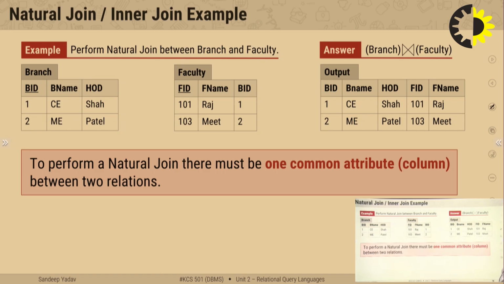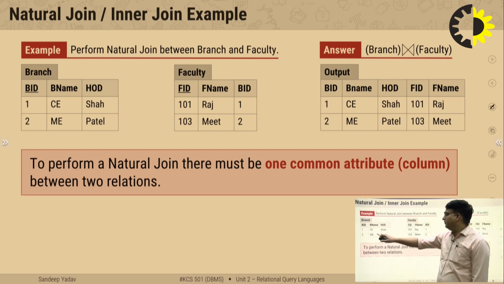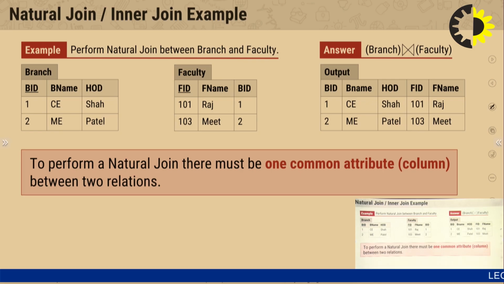In both of the tables, BID and BID are matching. So the result will show all these things. BID is matching in both, so the outcome will show the BIDs of both tables. 1 and 2 are present in both branch as well as in faculty.